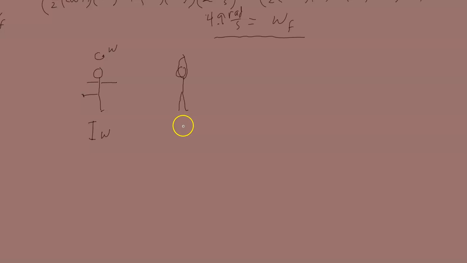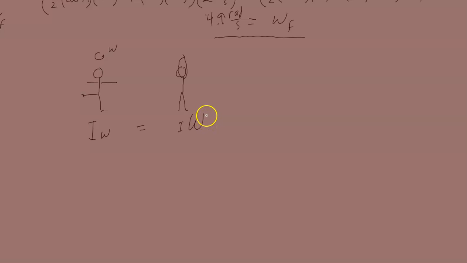They pull that mass closer to the body, which makes the moment of inertia smaller, and that increases their angular velocity. So momentum is conserved, but by changing the position of the arms and the leg, their angular velocity increases.